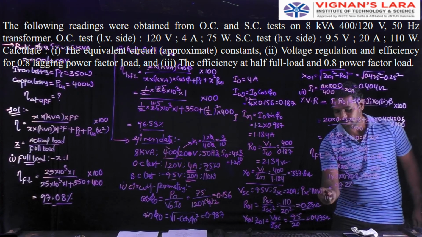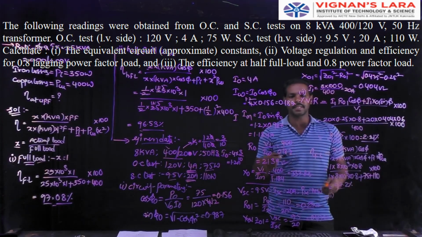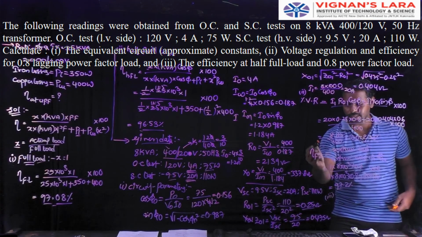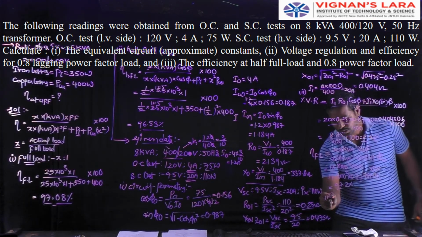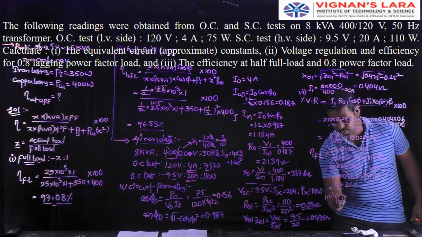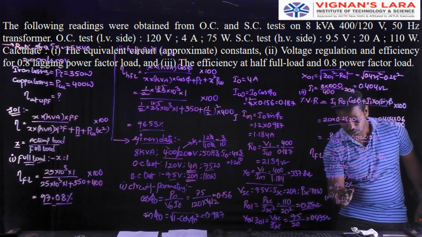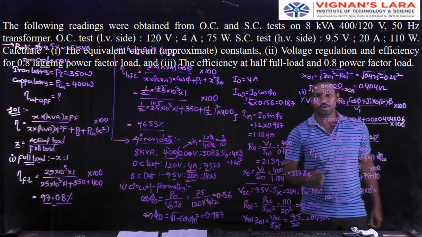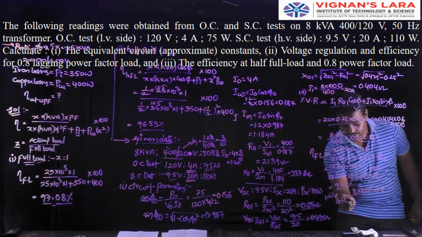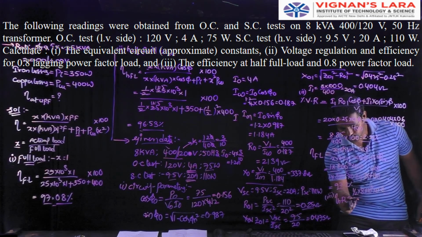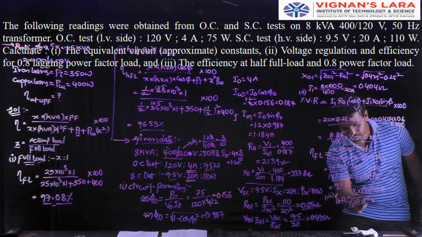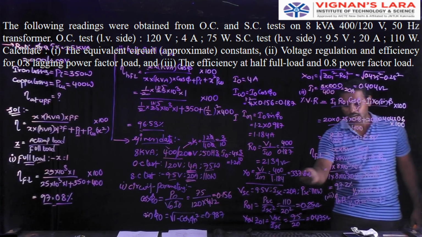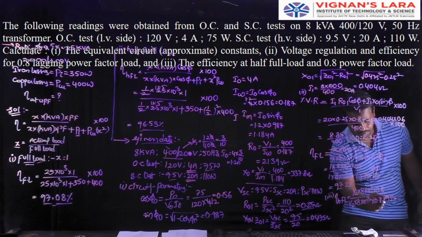The third bit is the efficiency at half load and 0.8 power factor. So X is to be replaced with 1 by 2. Efficiency at half load is equal to 1 by 2 multiplied with 8 into 10 cube into 0.8, divided by half into 8 into 10 cube into 0.8 plus iron loss 75 plus 1 by 2 whole square into 110, into 100.